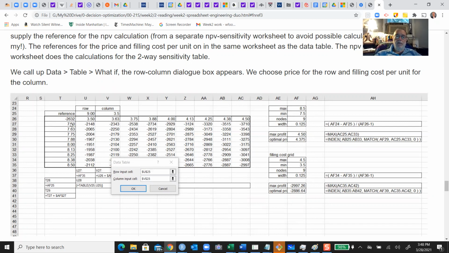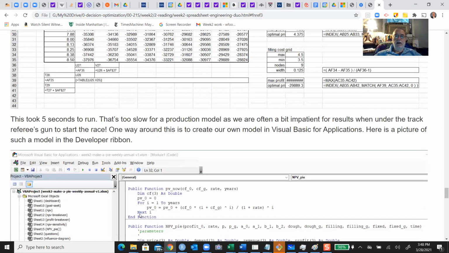It'll first take this combination, 7.5 and 3.5, that combination, that scenario, dump it into the calculator, produce this cell, and it will keep doing that all the way through and all the way down. It's a nested for loop, basically. So you press OK, and you get this result.